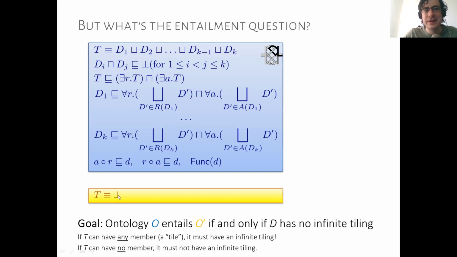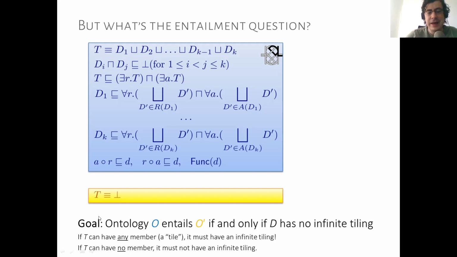If there exists a tile, that tile must have a tile to the right and above, and those tiles must have tiles to the right and above, and those tiles must be compatible and they must satisfy all these conditions here. So if there exists a tile, then there must exist a tiling, because that tile must satisfy all of the conditions of a tile that we've defined, and that forms a tiling.